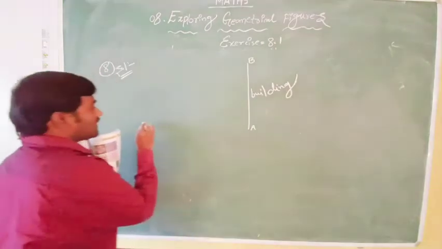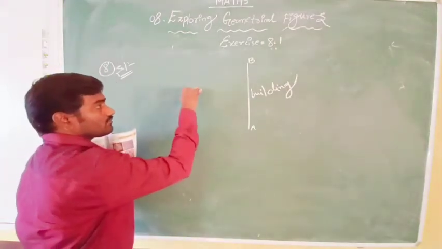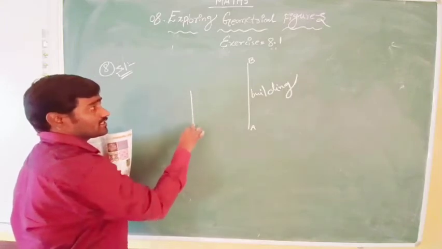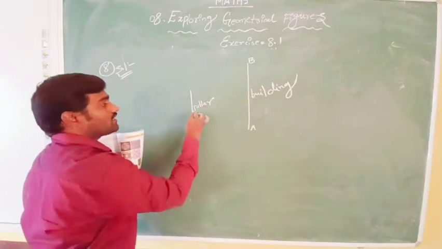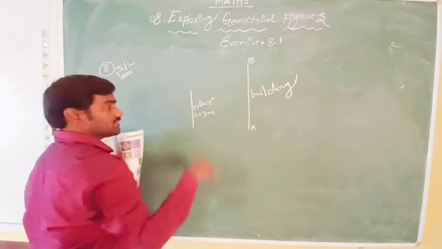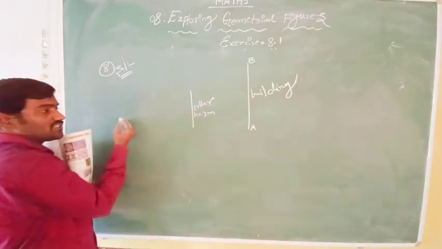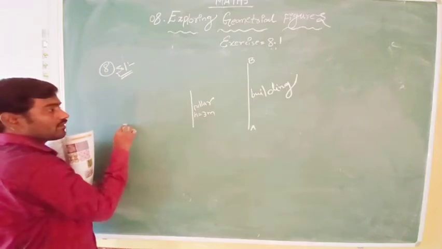Sudha was standing somewhere here, behind the pillar. There is one pillar here of height h equal to 3 meters, and behind the pillar she was standing somewhere here.